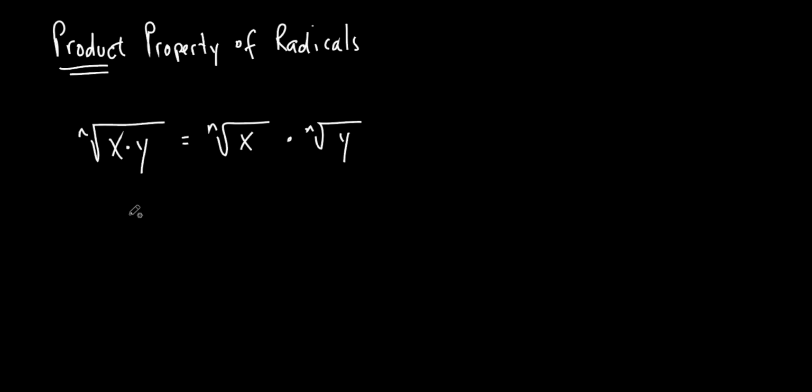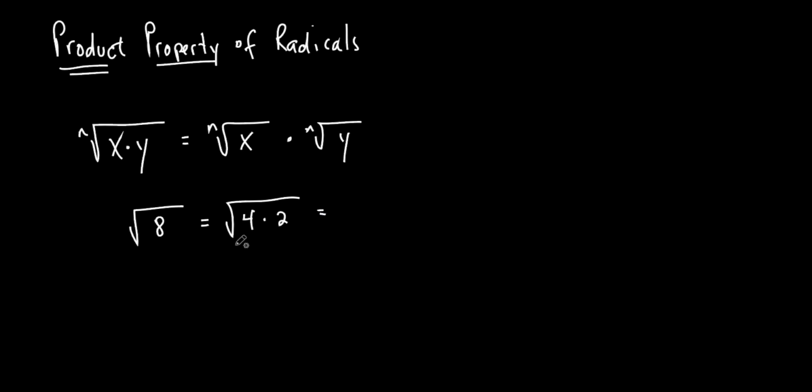So for instance, if I had, I don't know, I'm just making something up, okay? The square root of 8, all right? I think I've taught you how to simplify this. Like what times what is 8? 4 and 2, right? Now, here's where we use this property right here.